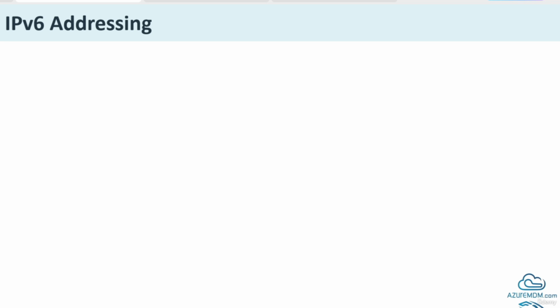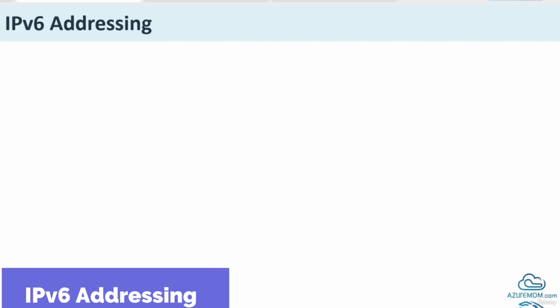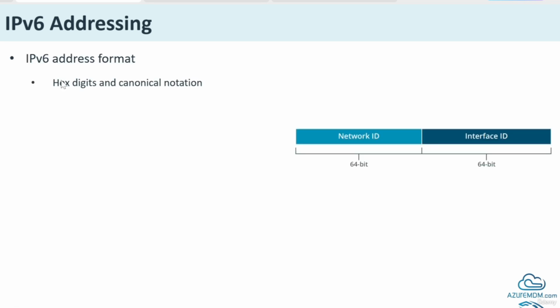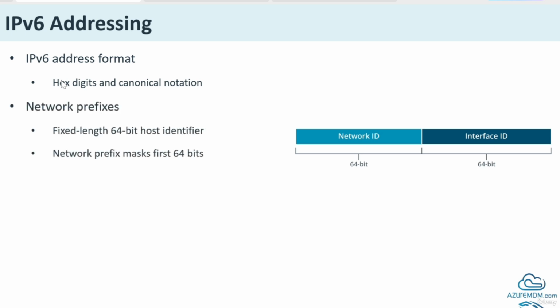Now, IPv6 addressing. The IPv6 address format uses 8 groups of 4 hex digits, for example, 2001:0DB8:8583, etc. Hex digits and canonical notation: it is shortened by removing leading zeros and replacing consecutive zeros with a double colon.